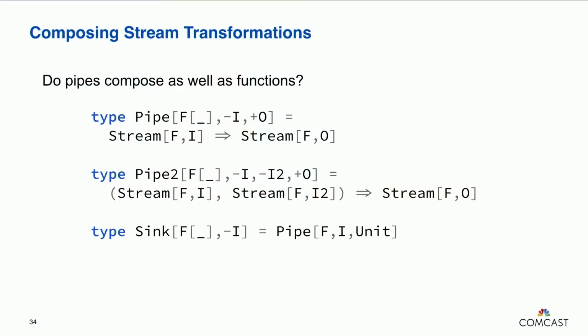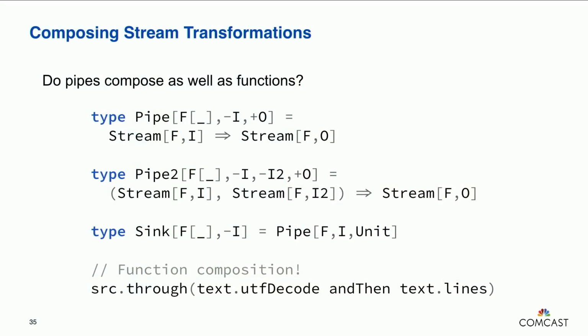And syncs are just pipes whose output type is set to unit. Okay? So this means it's really easy to create your own pipes, your own syncs, and your own pipe 2s, right? Because these are just functions. And of course, we can do fancy function composition with existing operators. Here we're just saying text UTF-8 decode and then go to lines, right?